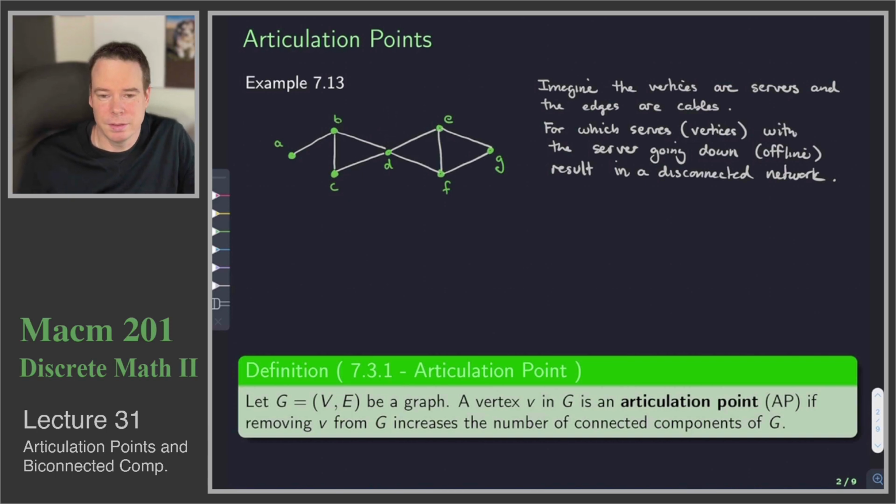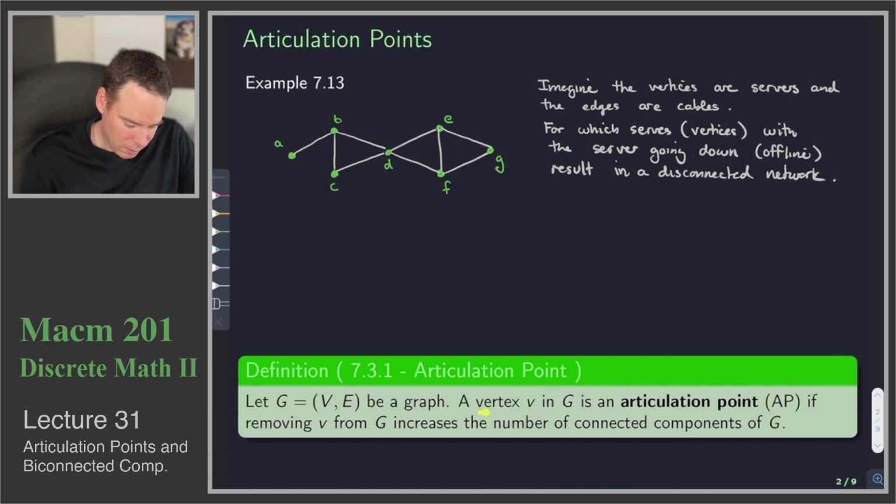Can you see another one? Is there another vertex which is vulnerable? If that vertex as a server goes down, or if you want to think of it this way, if that vertex is removed from our graph, is the resulting graph disconnected? And this gives rise to what we call an articulation point. So that's our definition down below.